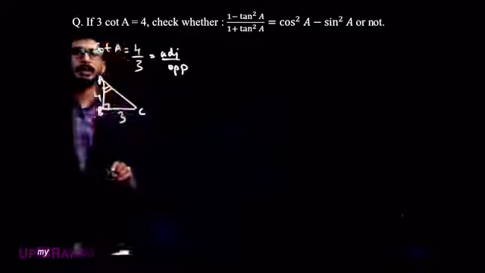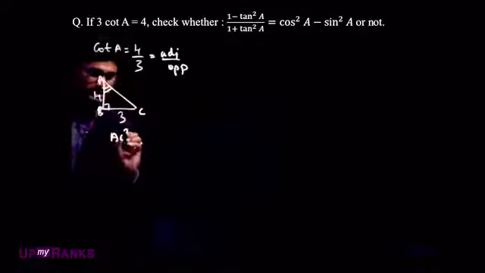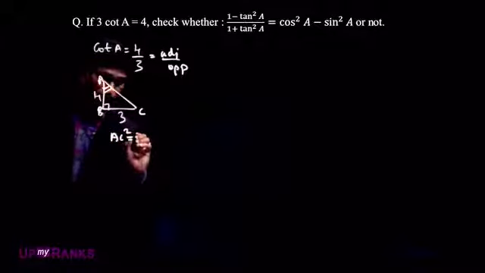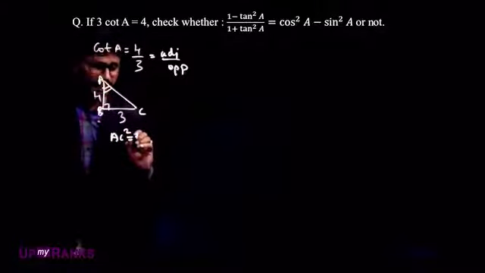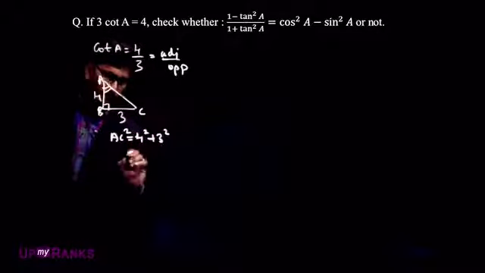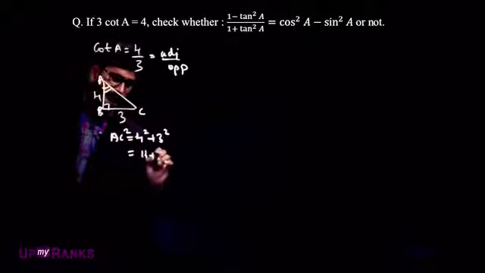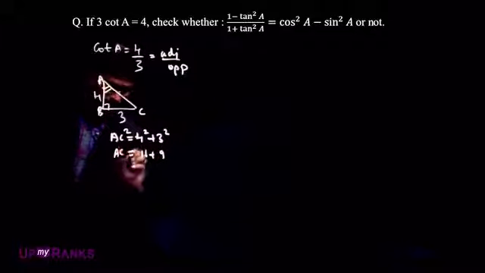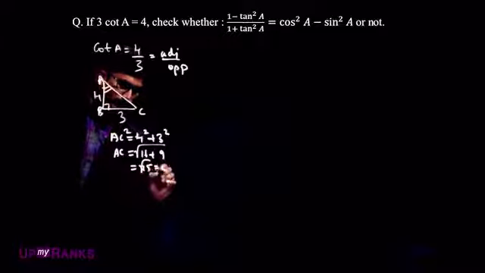So we can find the hypotenuse here, which is AC square is equal to, directly we can write it here, 4 square plus 3 square, which is 16 plus 9. Therefore AC is equal to square root of 25, which is 5.